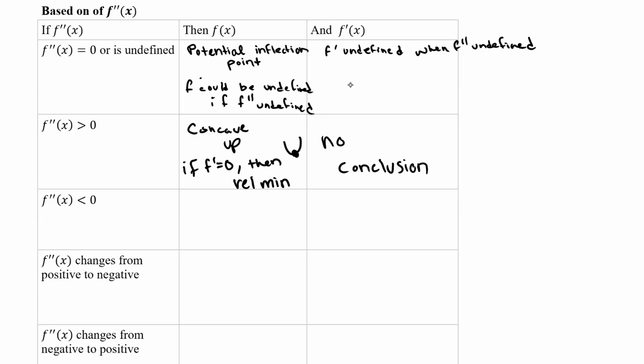So I have to go back and edit this a little bit. If f double prime changes sign at this point, then f prime will have a relative min or max.